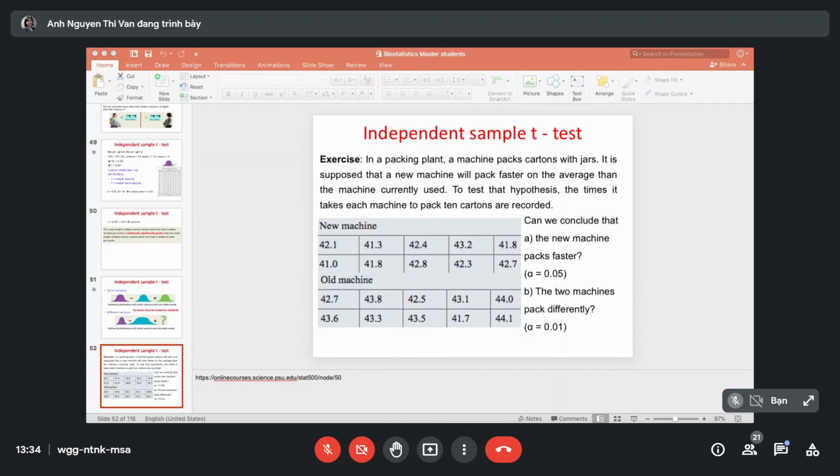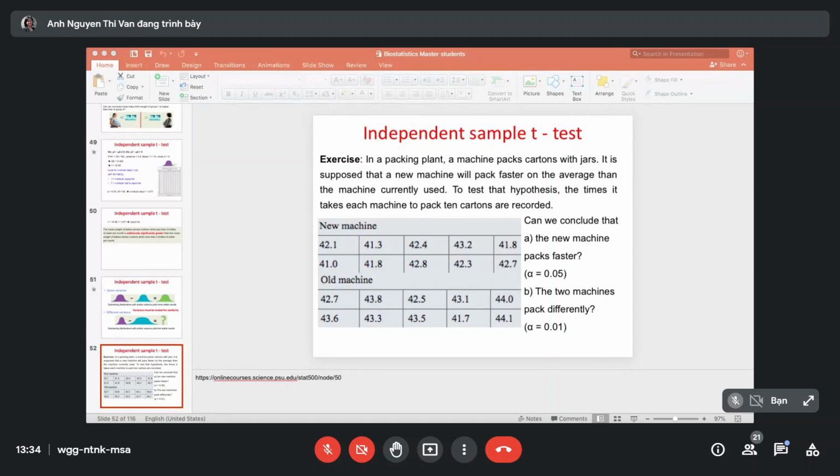No. You remember we have two types of t-test: independent t-test and paired t-test, right? So it means I have to detect whether the variables are independent or dependent. Yes, you need to explain.